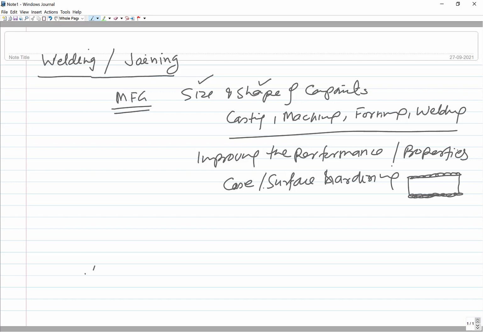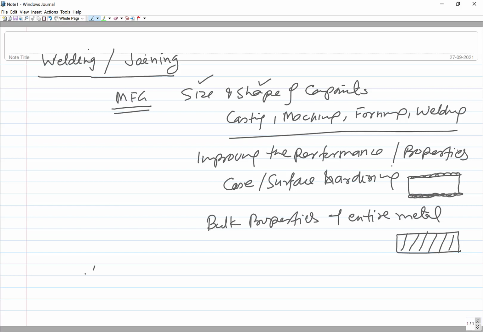In case hardening, only the surface layer properties are modified. But sometimes we don't need just the surface property improvement, we also need the bulk properties of the entire material to be improved, say in terms of tensile strength, ductility, toughness, corrosion resistance, or anything else important for the functionality of a component.